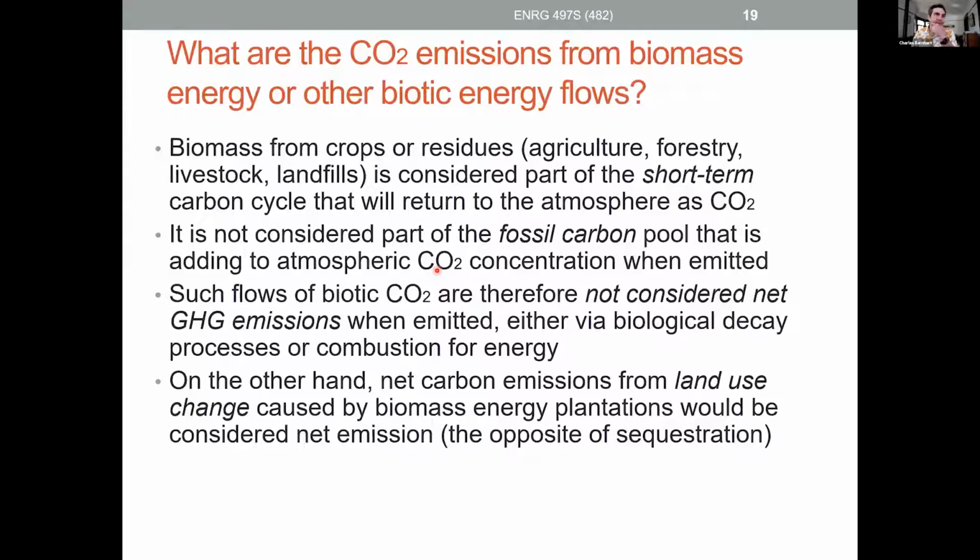Biomass. So often biomass isn't considered part of the carbon pool when it's used for combustion, because the idea is that the forest is always being regrown. And so there's different biomass electricity generators all over the place.